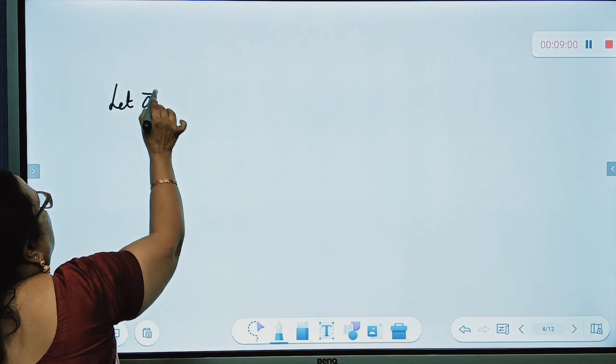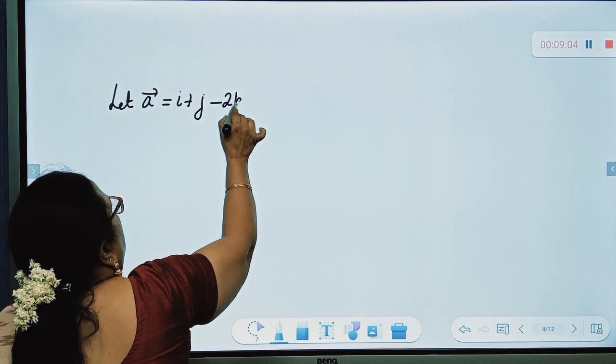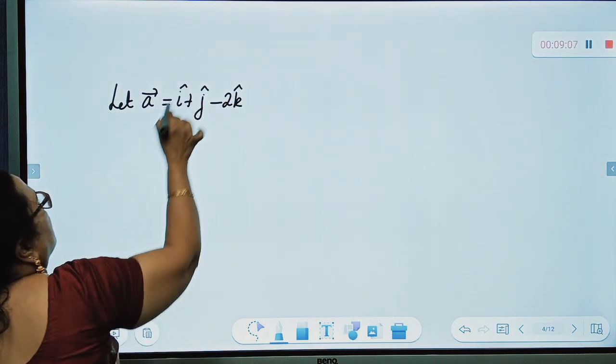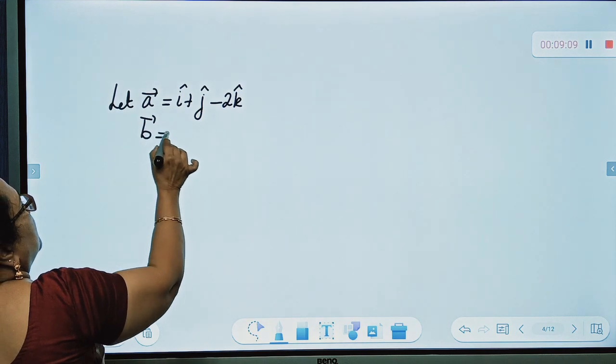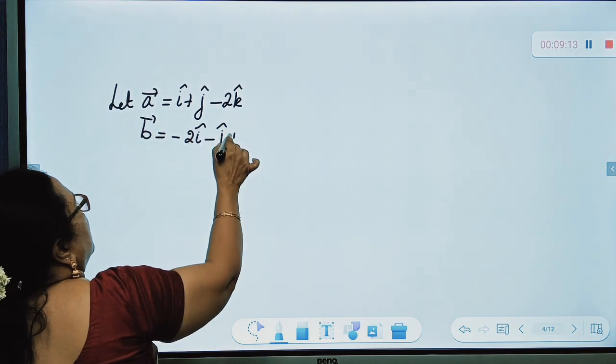Let A vector be i plus j minus 2k and B vector be minus 2i minus j plus k.